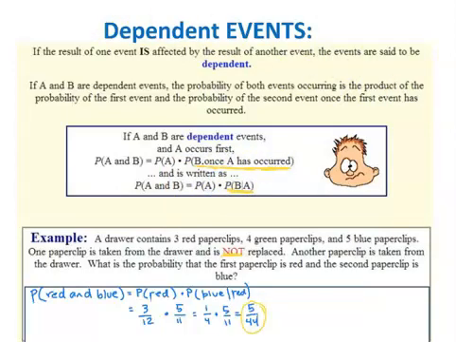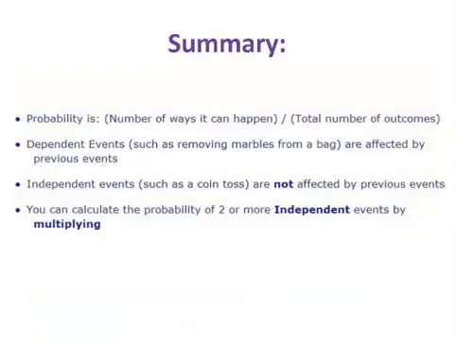So let's summarize what we've talked about so far. I'm going to go on the next slide, so if you need more time, go ahead and click pause. Summary: probability in a nutshell is the number of ways something can happen divided by the total number of outcomes. That's the most generic way we can summarize what probability is. But now when we start talking about more specific types of probability, we can say that dependent events, such as when you take something out of a bag and hold on to it, you're not replacing it, are affected by the previous events.